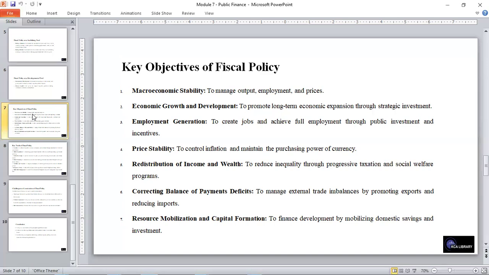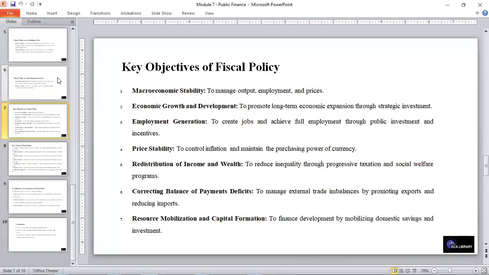Under price stability, fiscal policy is used to control inflation and maintain the purchasing power of currency. And as per the redistribution of income and wealth, it is used to reduce inequality through progressive taxation and social welfare programs.